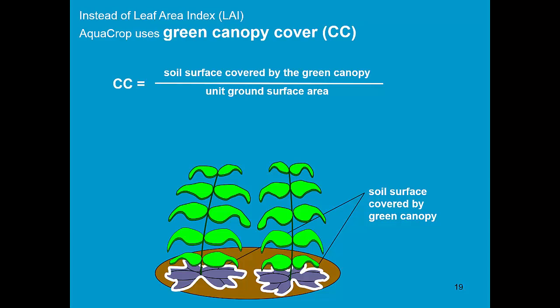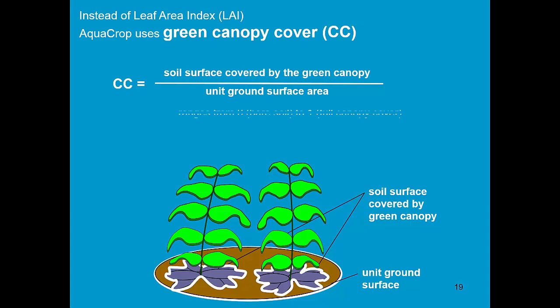And CC is the ratio of the soil surface covered by the green canopy over the unit ground surface. So it ranges from 0 when we have a bare soil to 1 when you have full canopy cover. Or normally it is expressed in percentage from 0% to 100%.